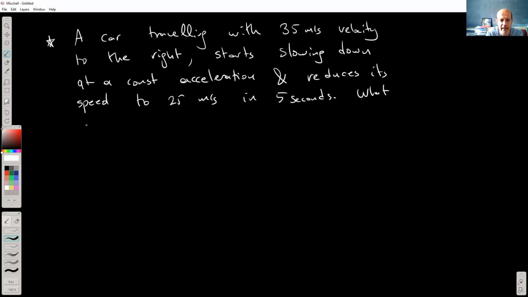What is the distance traveled by this time, in this time interval.